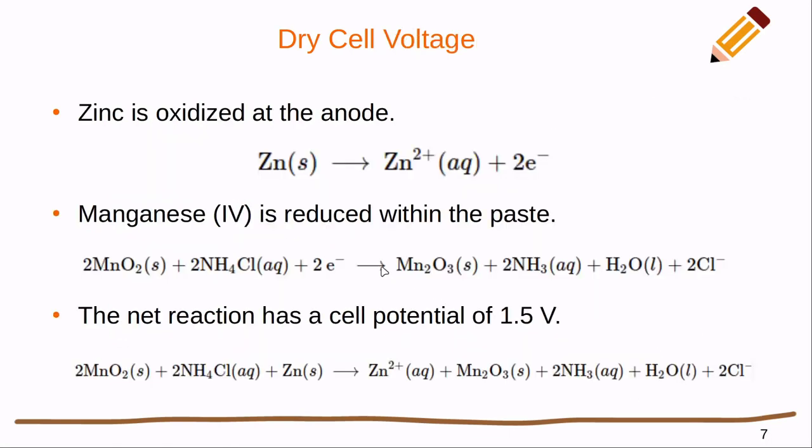If we look at the reactions that are occurring, we're going to have an overall reaction that looks like this. If we looked up those half cell reactions and everything, we'd see that the net reaction has a cell potential of 1.5 volts.